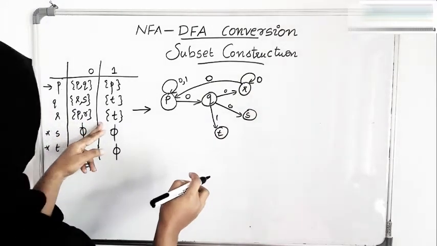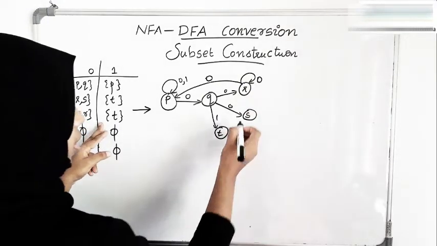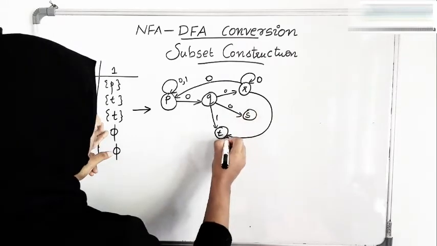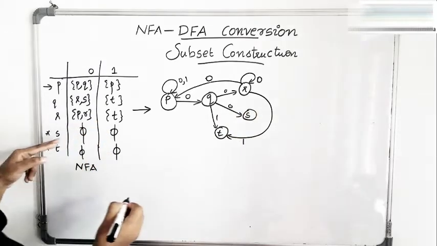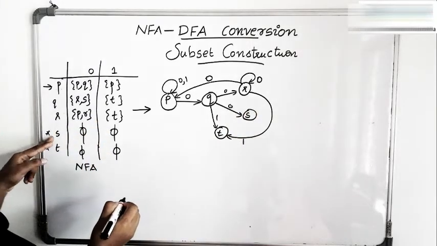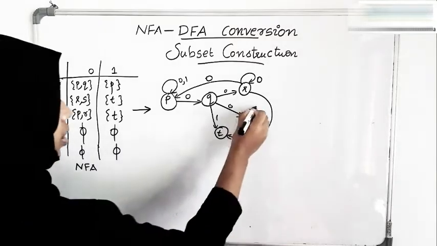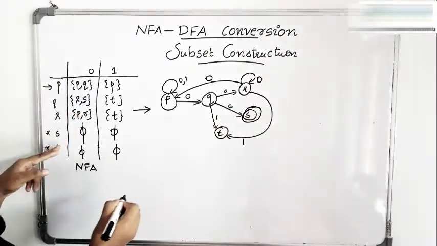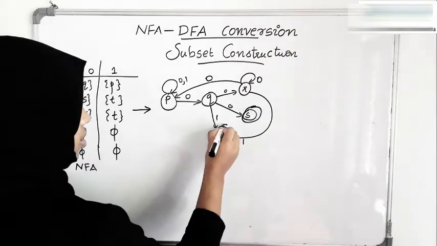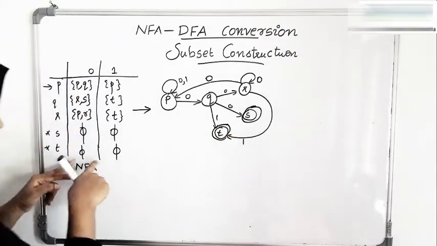Now from R on 1 you are moving to T. Okay. And for S, this is a final state. There are no transitions defined, and T again is a final state and no transitions are defined.